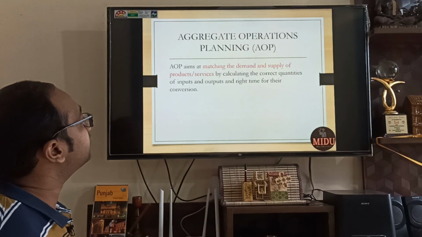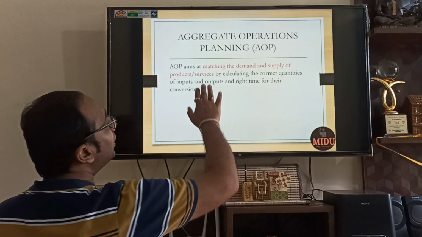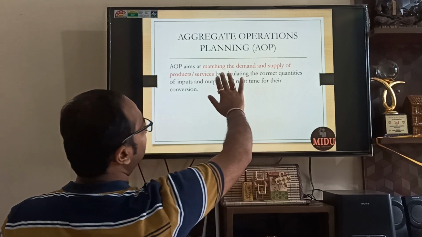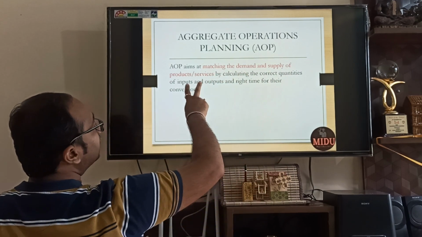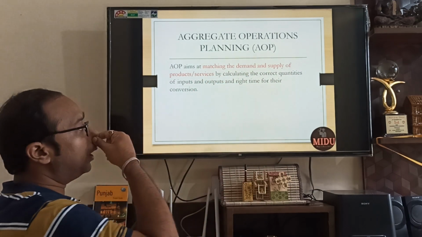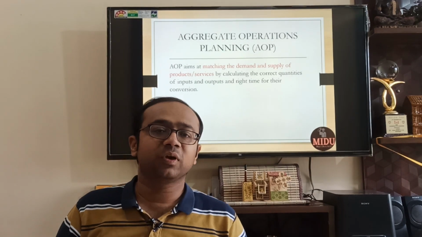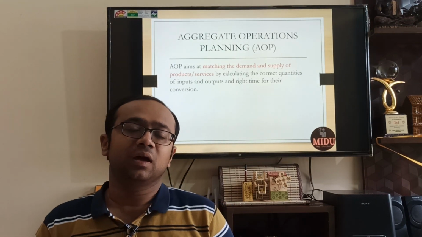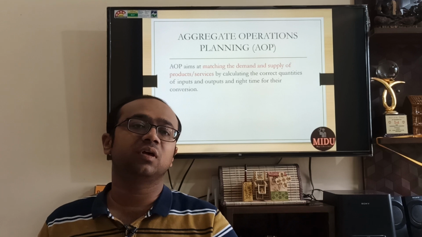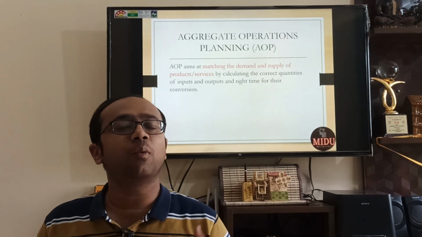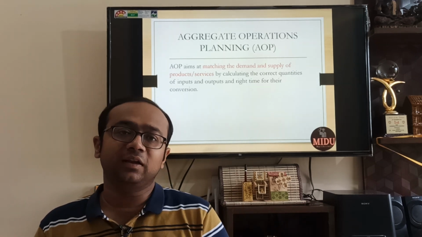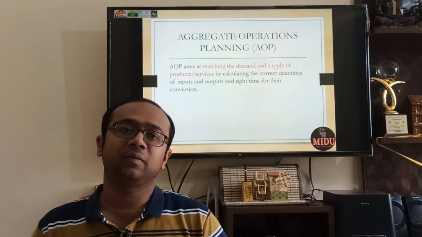Now AOP helps in some things. It aims at matching the demand and supply of products and services by calculating the correct quantity of input and output and the right time. Now this demand and supply, in economics we have discussed demand and supply. Demand is how much ask is there in the market, and supply is how much you can produce. In an ideal scenario, demand should be equal to supply.